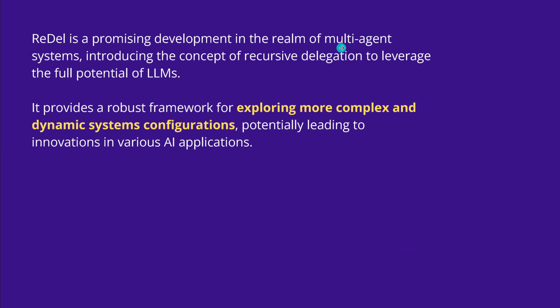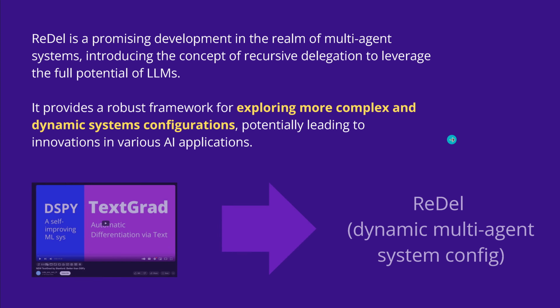A new multi-agent system, recursive delegation, a robust framework for exploring more complex and more dynamic system configurations, potentially leading to some innovation. Think about this. I have here a video where I showed you we have DSPy, our programmable, if you want, prompt engineering at the very beginning. Then we had DSPy, and now we have TextGrad from Stanford, this automatic differentiation via text.